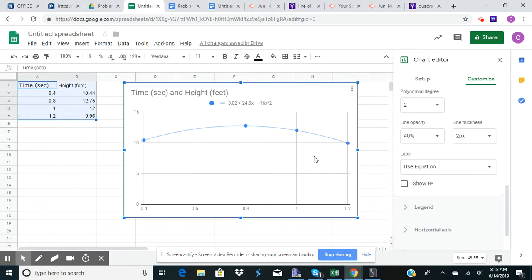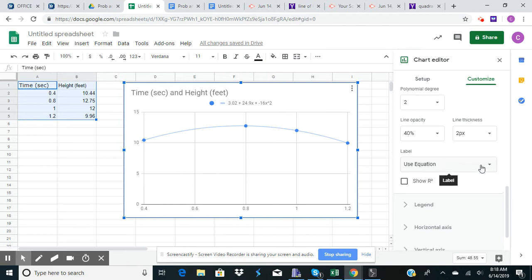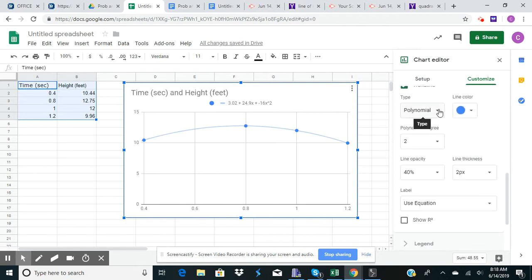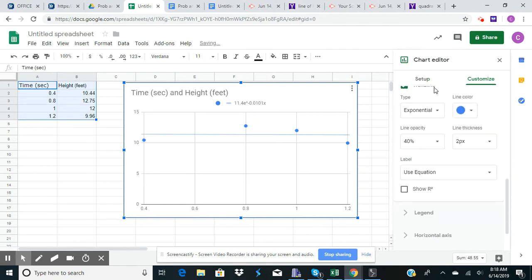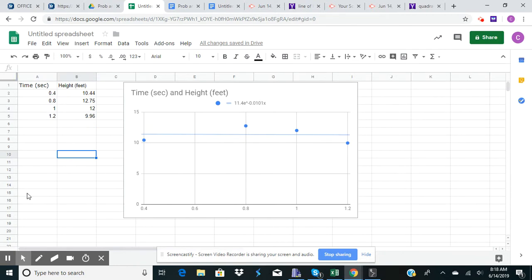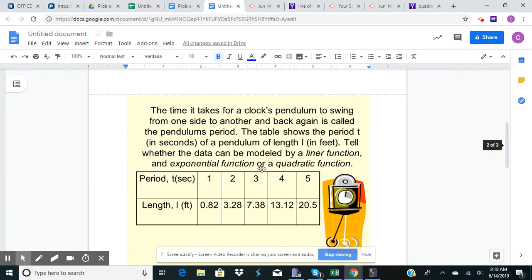It's not a trend line, it's a curve, and it is quadratic. I hope this helps. If you choose exponential, you can get an exponential equation as well. Now this graph was not exponential, but if your graph looks like it is increasing rapidly, then you're going to want to choose exponential. We're going to look at that real quick.